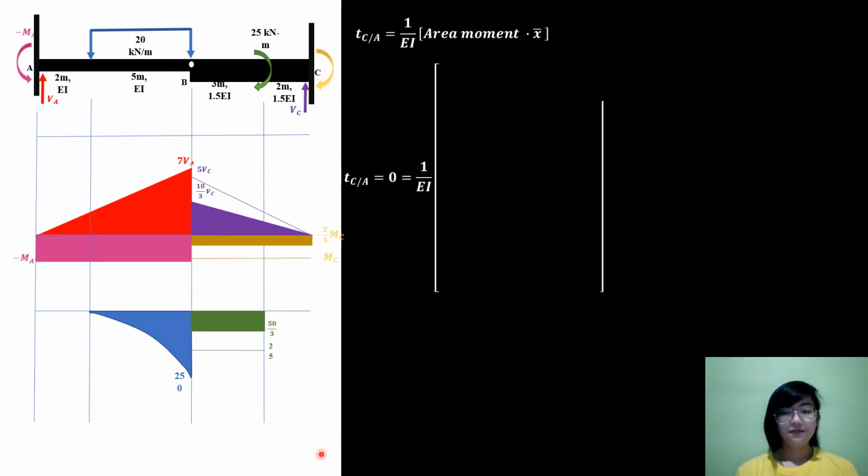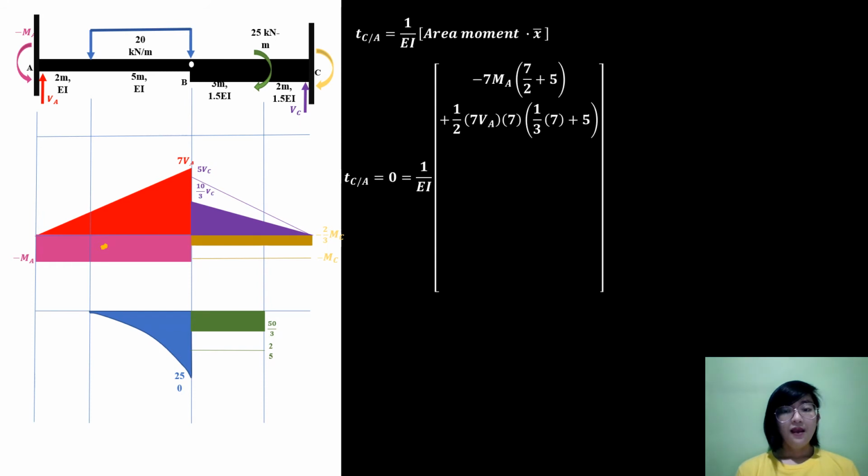So, let's start. Negative MA times yung distance, which is 7, times yung centroid niya. Ang centroid nito is nandito. Let's assume na nandito siya. So, negative MA times 7 times yung distance ng centroid to reference line, which is, di ba, ang centroid dito is L over 2. So, yung length is 7 over 2 plus yung distance pa nito, which is 5.